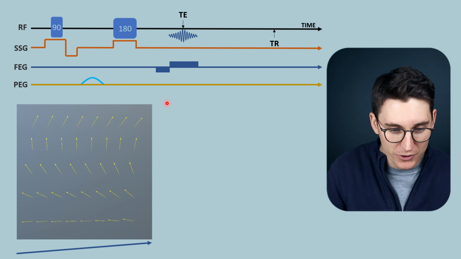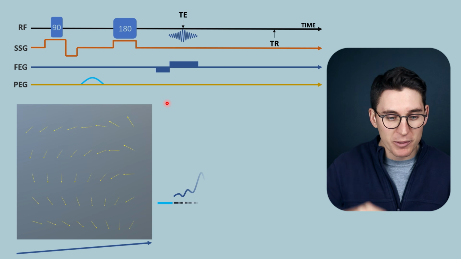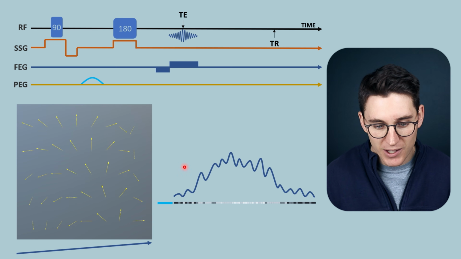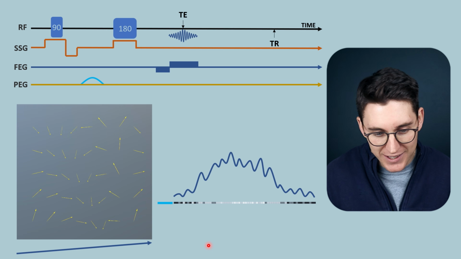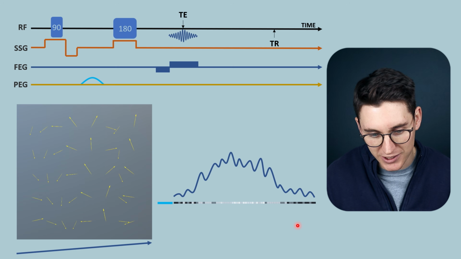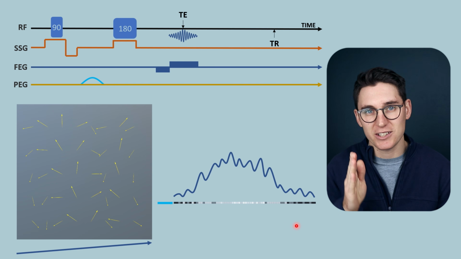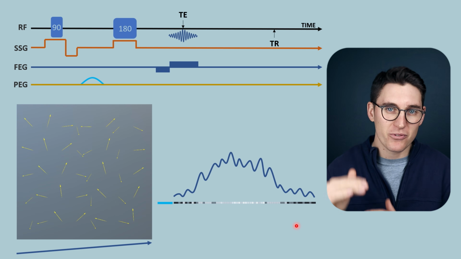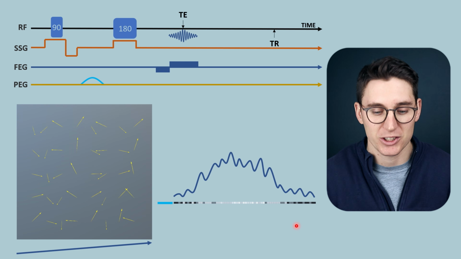So we apply that frequency encoding gradient and we measure the net magnetization vector of the entire slice here. We get a separate signal that has the same frequency encoding gradient baked into that signal here. We can still figure out where those signals are coming from based on their x-axis location, but now we've introduced some phase shift in the y-axis direction.